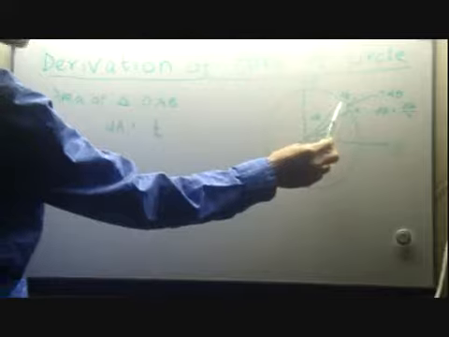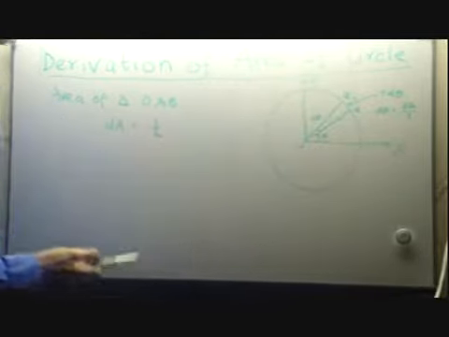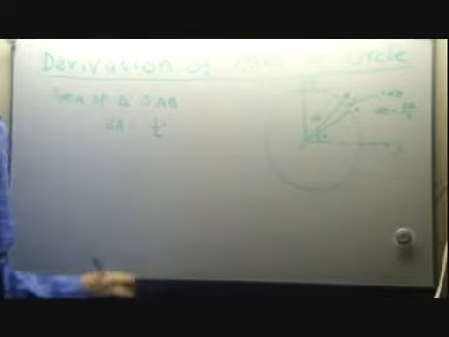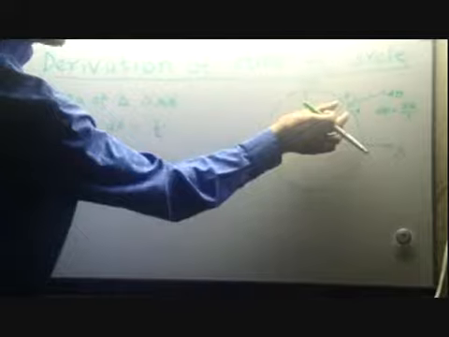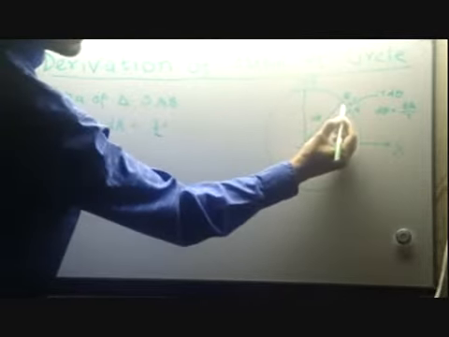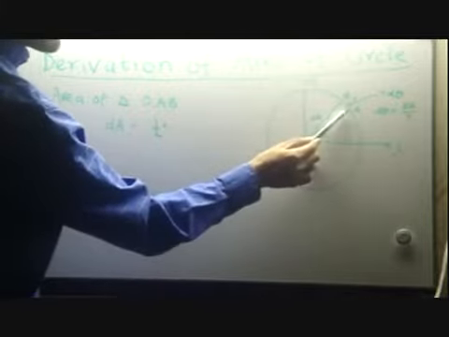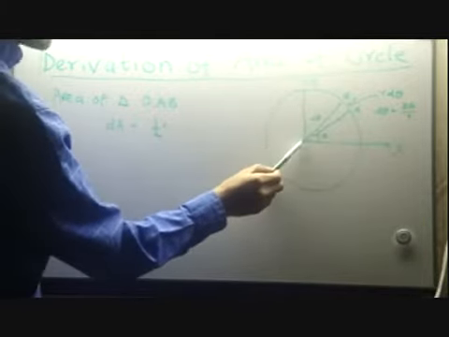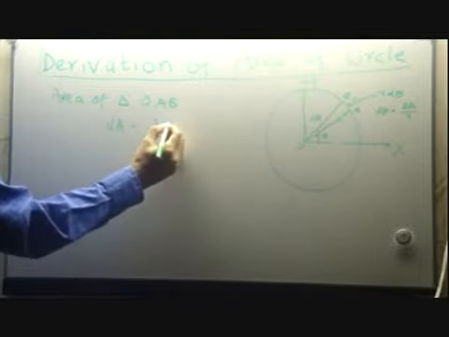So the area of this triangle, assuming that this arc is very small, is given by half into the length of the perpendicular. If this triangle is very thin, infinitesimally thin, and this line is approaching this line, then the length of the perpendicular is the same as this radius r.